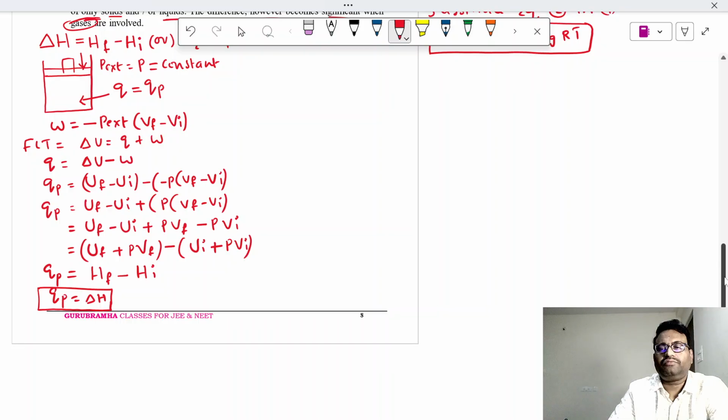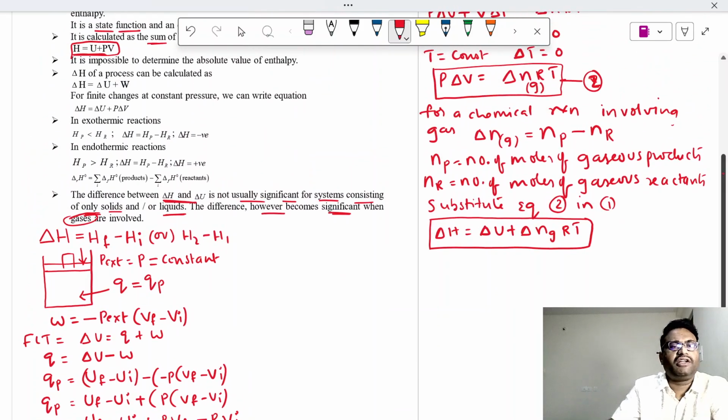Right? Next, for finite change we use delta, for infinitesimal change we use d.